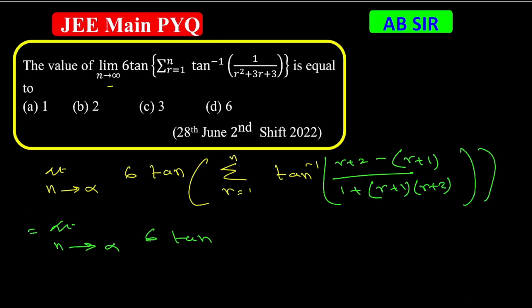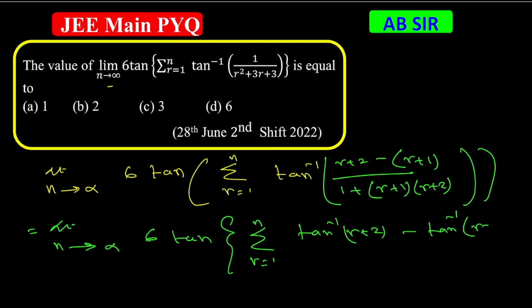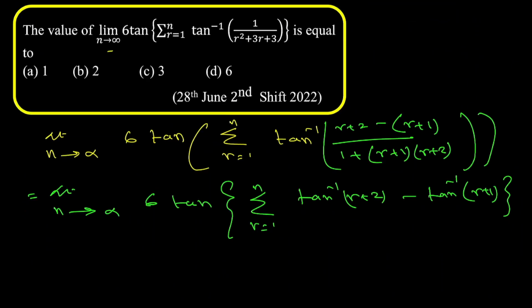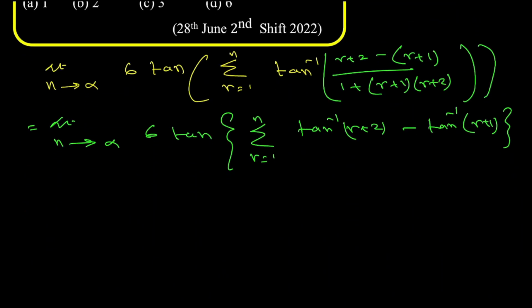Tan of summation of r equal to 1 to n, tan inverse r plus 2, because tan inverse of a minus b by 1 plus ab is tan inverse a minus tan inverse b, minus tan inverse r plus 1. You see one thing, everyone, nowadays number of questions are using this telescopic series, which I am telling you repeatedly.